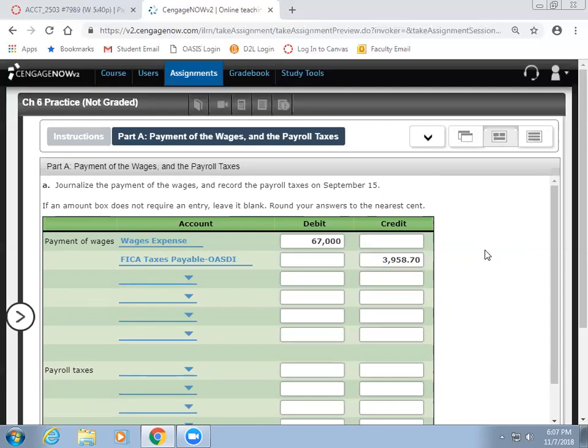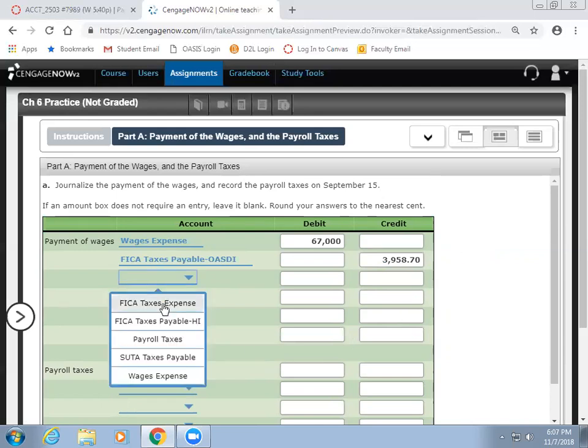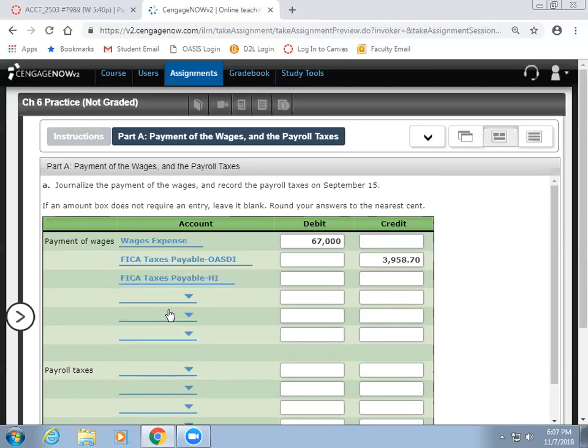So this one's just really reading all the taxable incomes. They told us that for FICA taxes high, the total payroll is subject to that. So I would do my FICA taxes payable high, and that would be based on the full $67,000 of taxable wages. So what's my Medicare withholding?